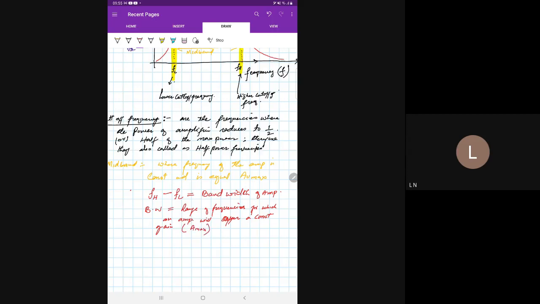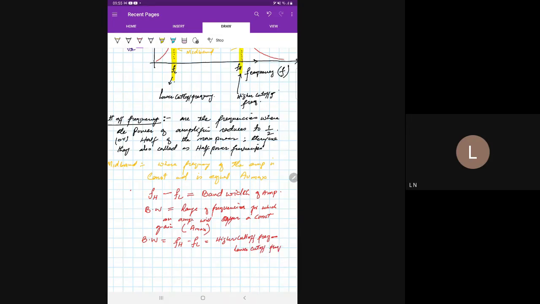And bandwidth is equal to FH minus FL, which is the higher cutoff frequency minus the lower cutoff frequency.